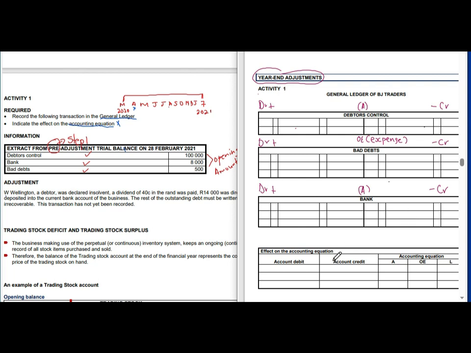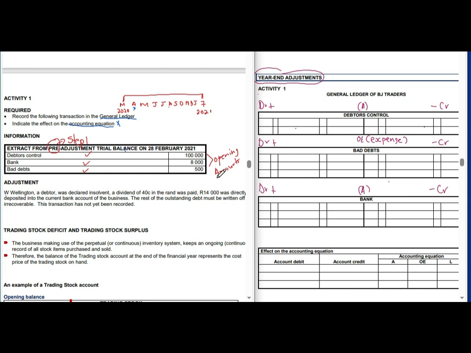And then we have the accounting equation. Now we can take our information from the pre-adjustment trial balance and record it in our general ledger accounts.